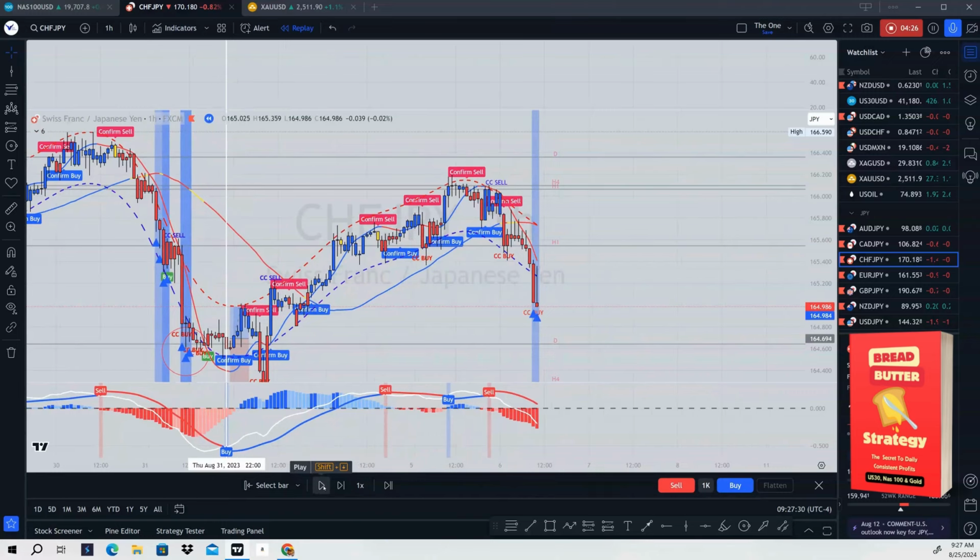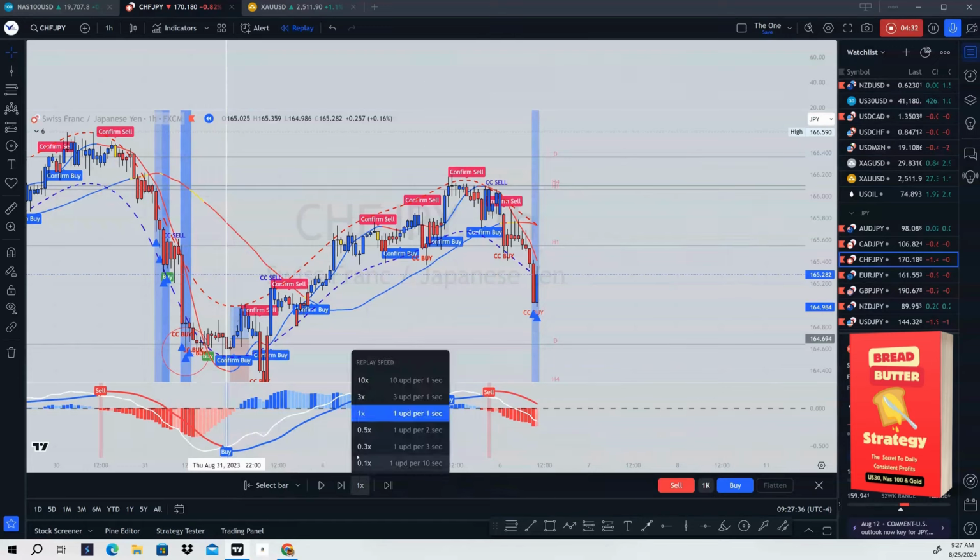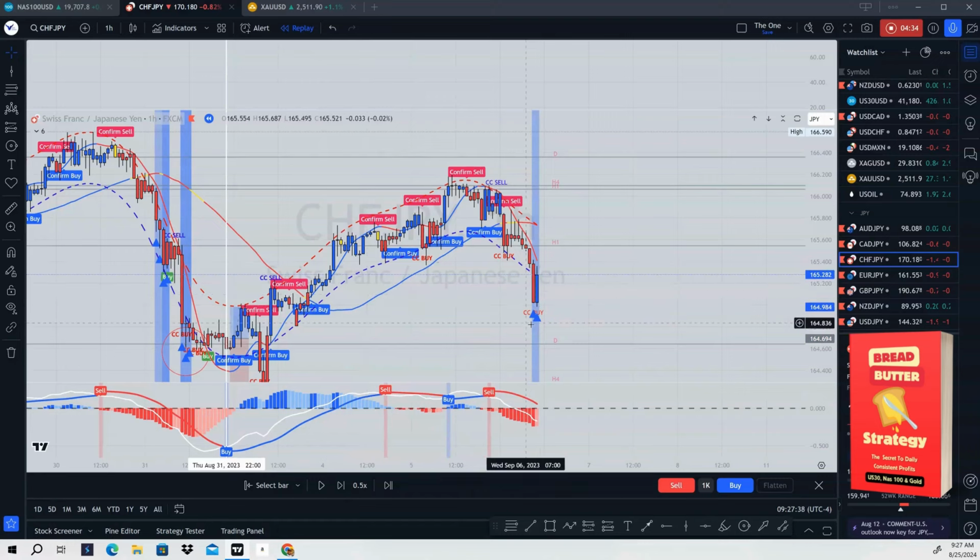Okay, boom. Now we got our first one, guys. We got a high probability spike. Let me hit and slow this down. We have a CC buy here.